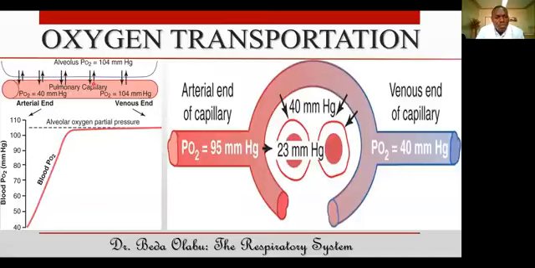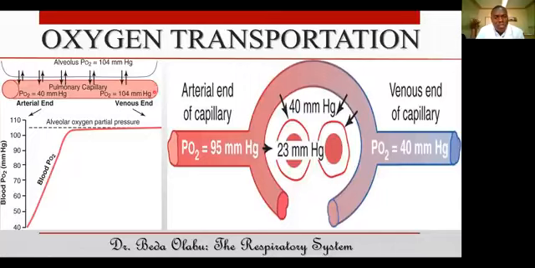Through diffusion, the pressure of oxygen within the alveoli is 104 millimeters of mercury. By the time blood is reaching this level, that pressure has been equalized, so that the pressure of oxygen in the blood is the same as within the alveoli, 104 millimeters of mercury.